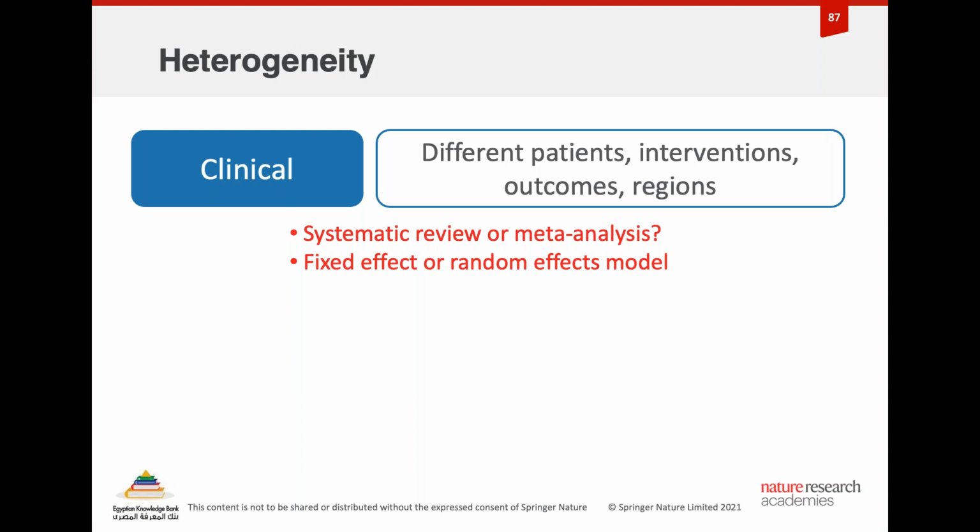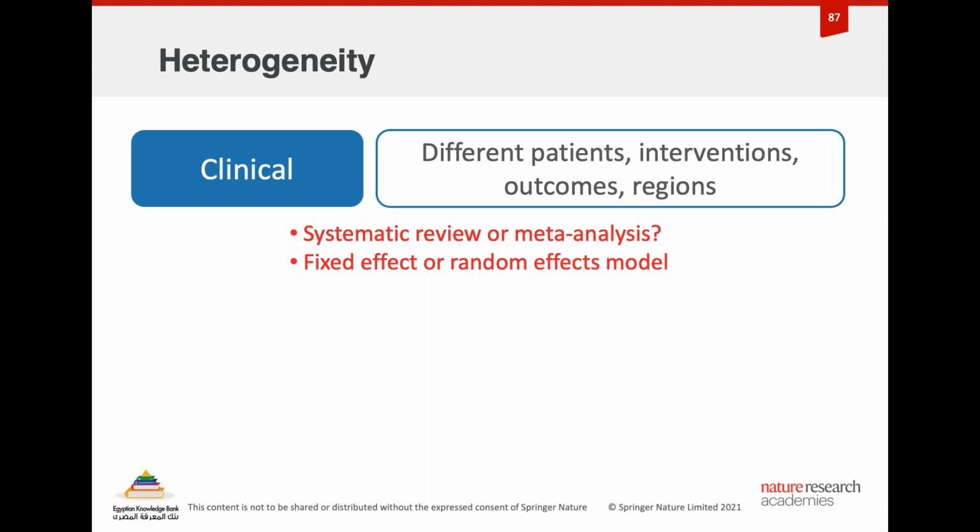Now, if it is too heterogeneous and simply does not make sense to pool these papers together, then you should do a systematic review. But if you feel the clinical heterogeneity is not that severe and shouldn't impact the meta-analysis, then doing a meta-analysis will be fine. Once you've decided to do a meta-analysis, the next question is, will this heterogeneity affect how you evaluate that data?